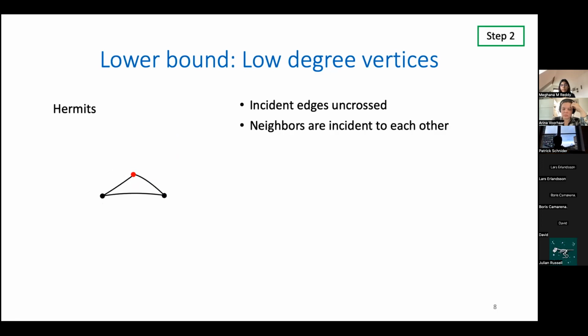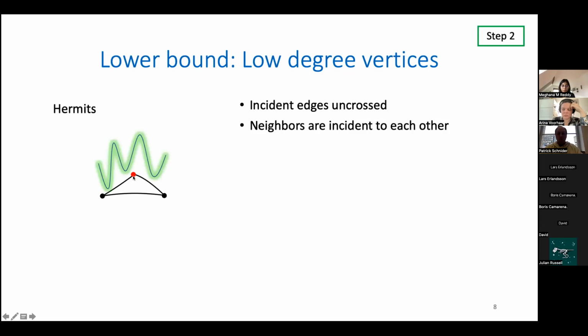The next property we immediately obtain is that the neighbors are adjacent to each other. Because these 2 edges are uncrossed, we can immediately add an edge between the 2 neighbors and ensure that this edge is uncrossed. So it should already exist. Okay, so now let's look at this face here.